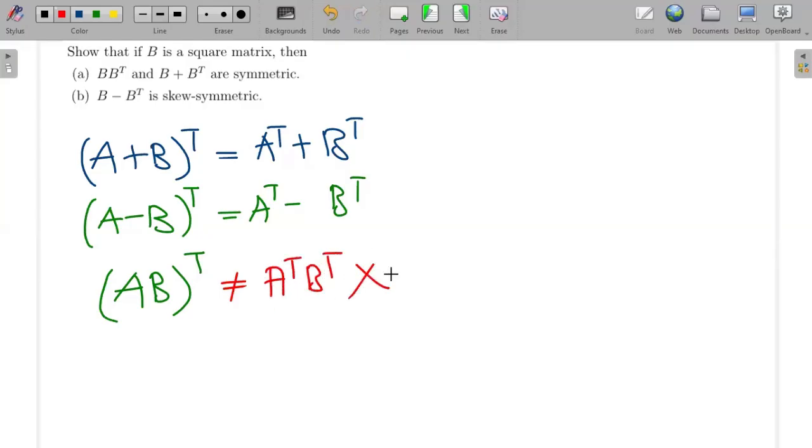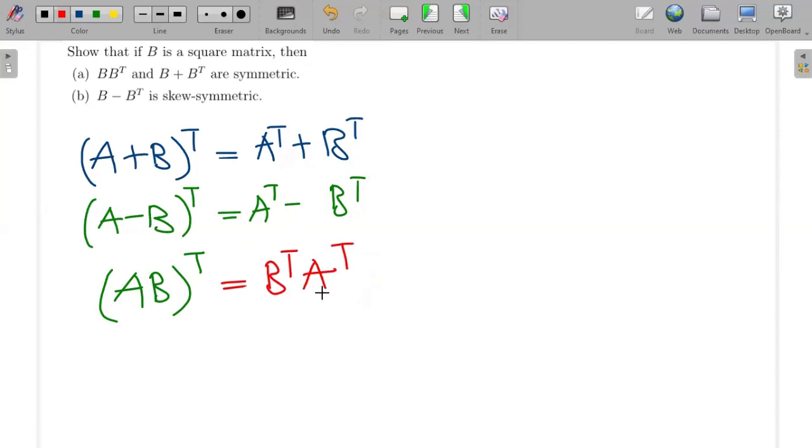No, this is wrong. So never do this here. So the answer will always be the conjugated product of whatever you had here. So by conjugate, we mean that we're not going to start with A here. Instead, we are going to start with the second matrix, which is B. So this is the same as B transpose and then A transpose.